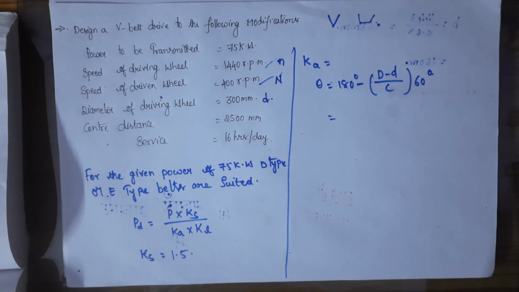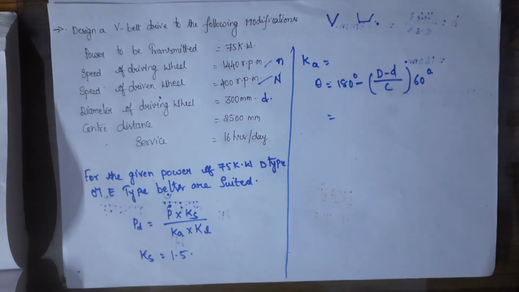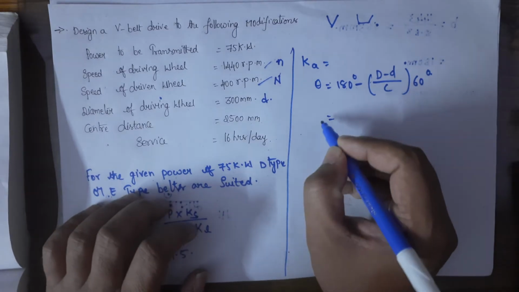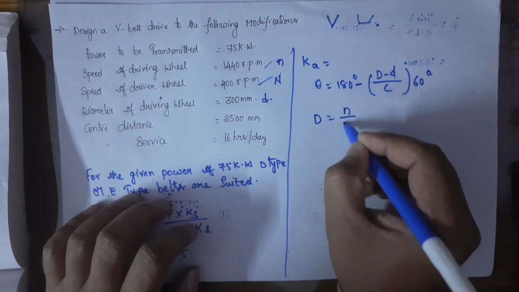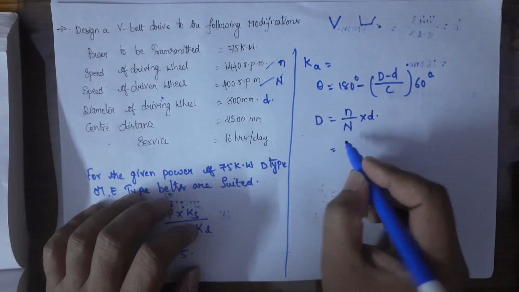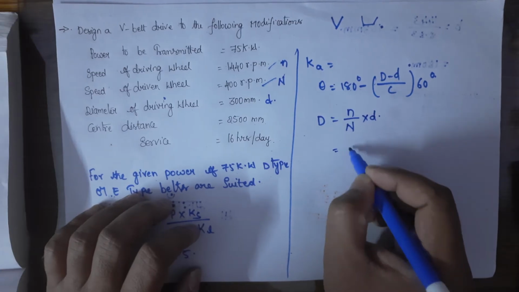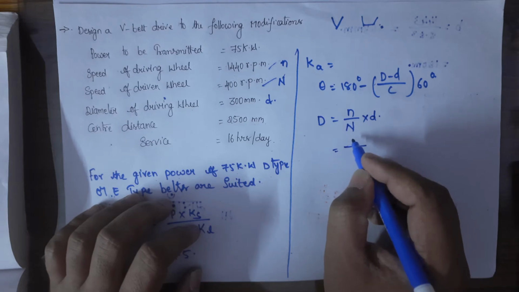We are having only these conditions, but we don't have the diameter of the driven wheel, that is the capital D. For finding the capital D we have the formula: capital D is equal to n by capital N into small d. So capital D, the diameter of the driven wheel, we have to find out.